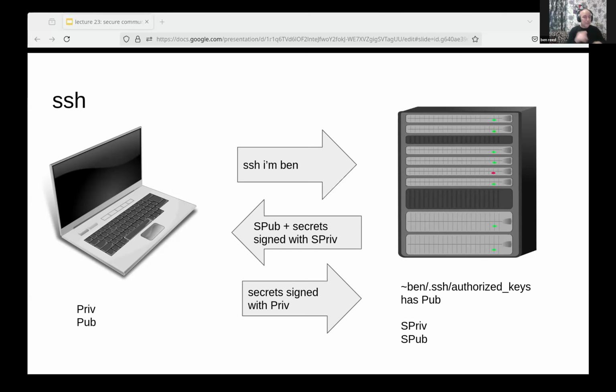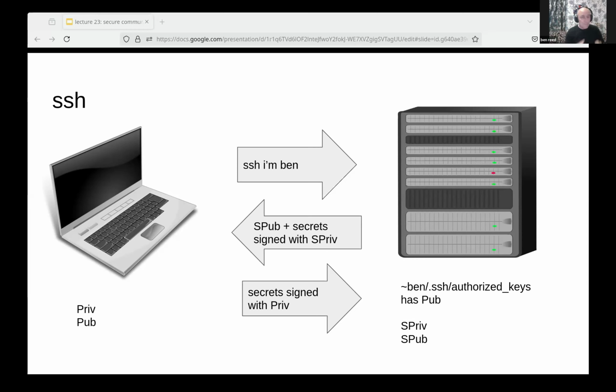If you've been talking to a server for a while and either somebody tries to impersonate a remote server, or more often, you reinstall that server and you generate a new public key, then the next time you SSH to that server, your SSH client will say, wait, something's wrong. You might be under attack. I was expecting this public key, but instead I got a different one.